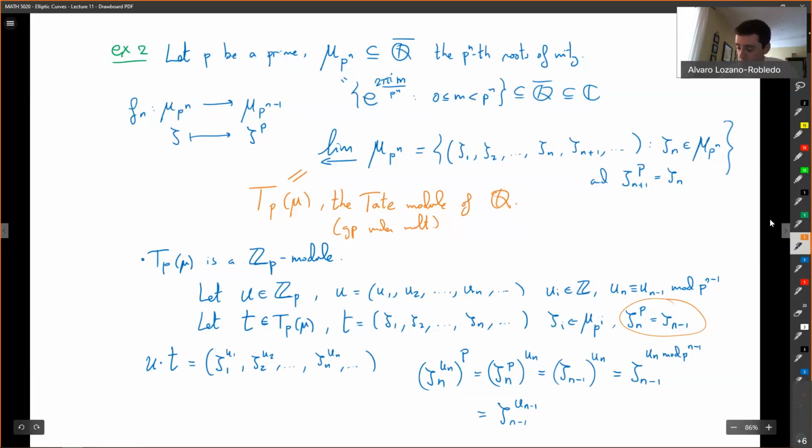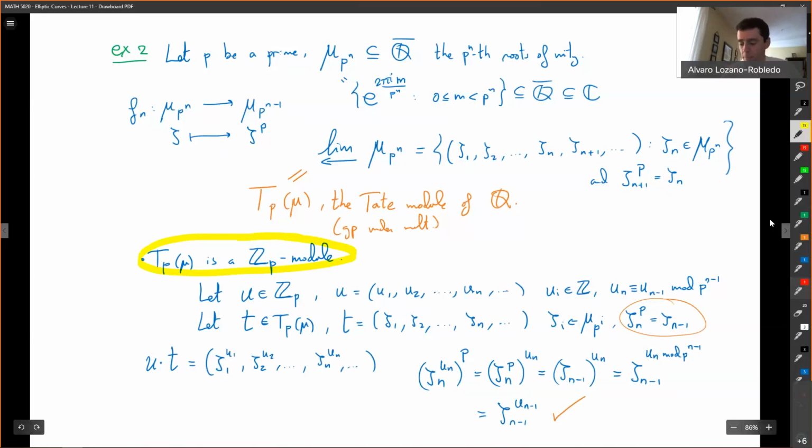So that works. Okay, so what we've seen is that the Tate module is a Z_p module. And it's a Z_p module of rank 1.